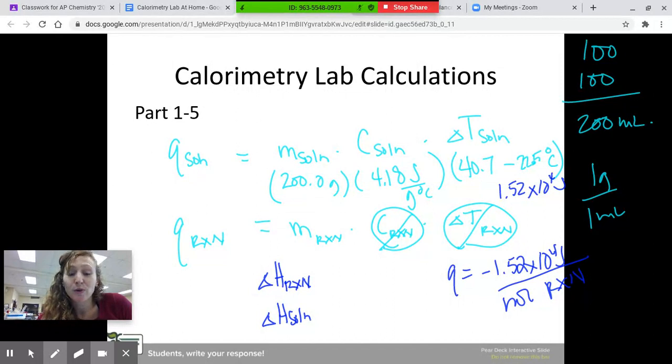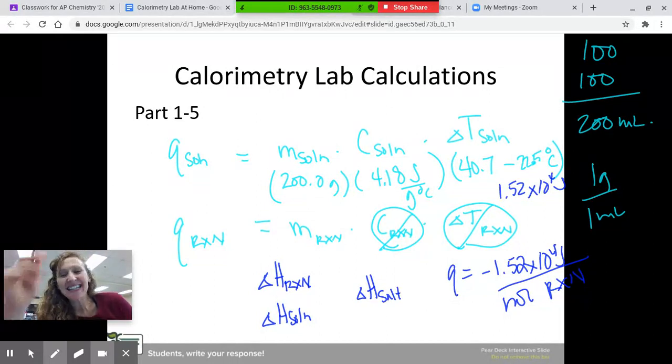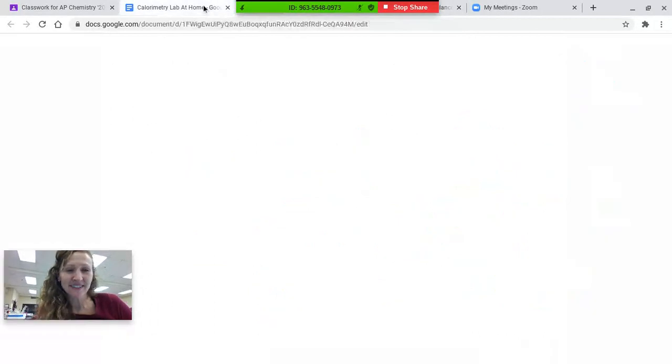If you use moles of the salt, you will find enthalpy of the salt. So how do we know it's asking for enthalpy of the reaction when it just says find change in H in kilojoules per mole? You don't. It needs to be labeled. Okay, cool. I was like, am I missing something? No. Okay, got it. Yeah, it should be labeled.